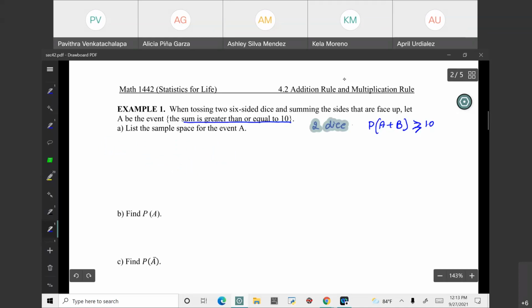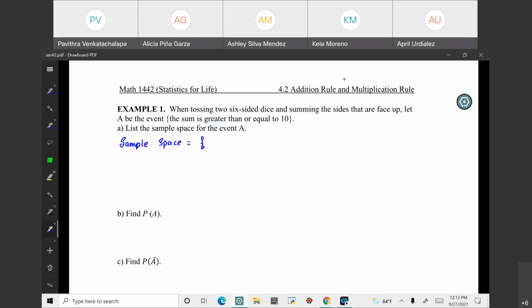Before that, let us write the sample space. What is the sample space? Total outcomes, right? When a coin is tossed, what is the sample space? Heads, comma, tails. That is called a sample space.